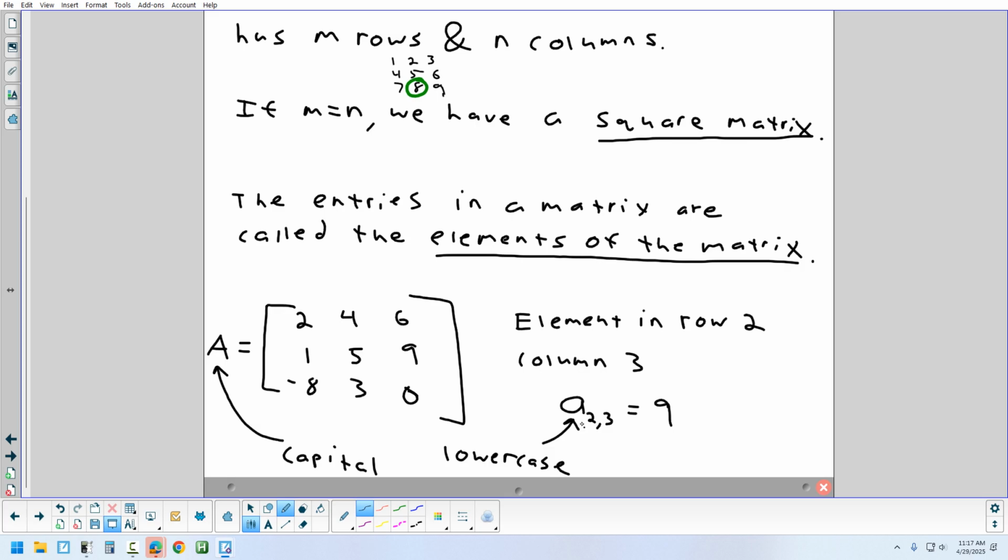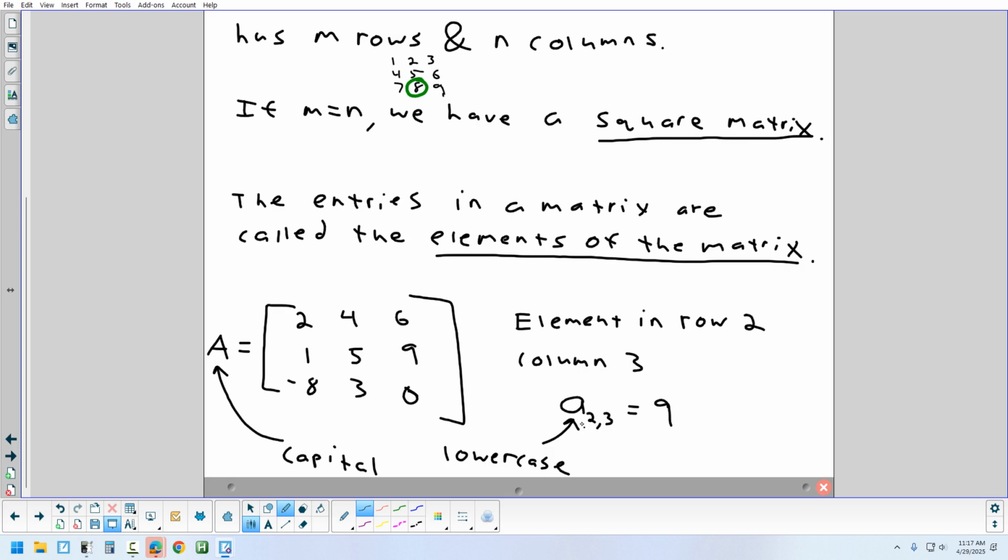Now, one thing we do a little bit different than you would if you were doing programming is when we start counting rows and columns, we start with the number 1. 1st row, 2nd row, 3rd row. When you are programming, you generally do not. You start with row 0. Row 0, row 1, row 2.